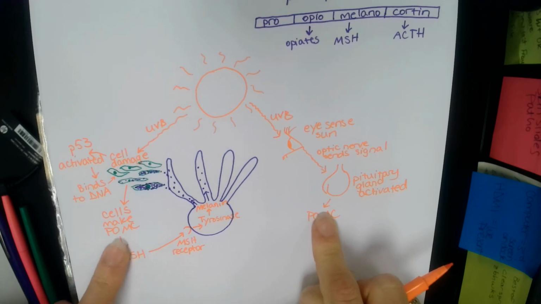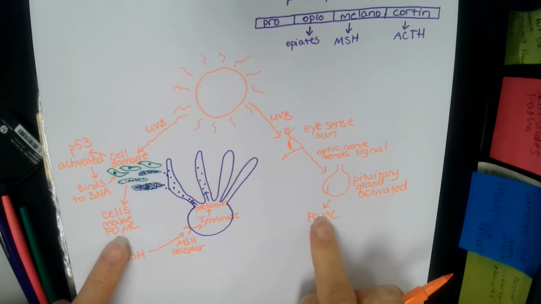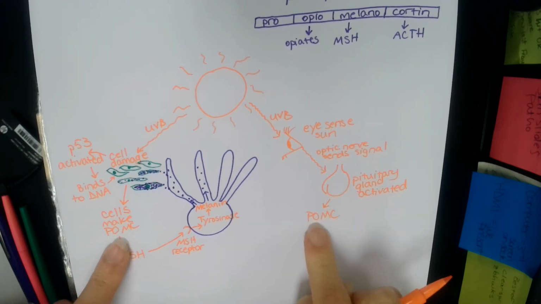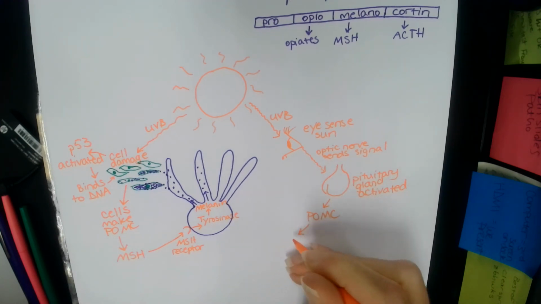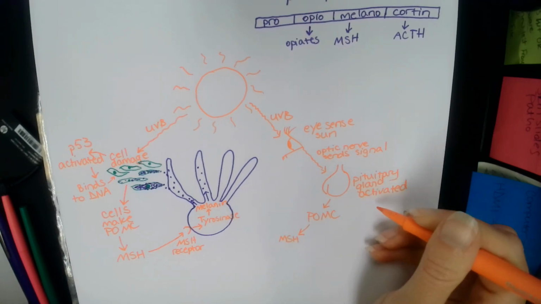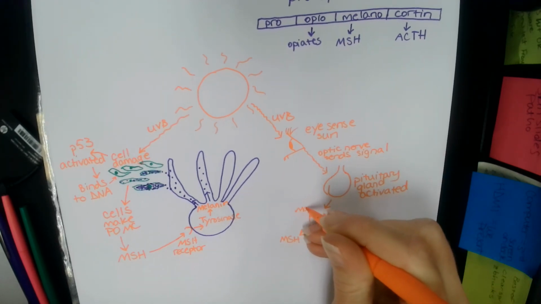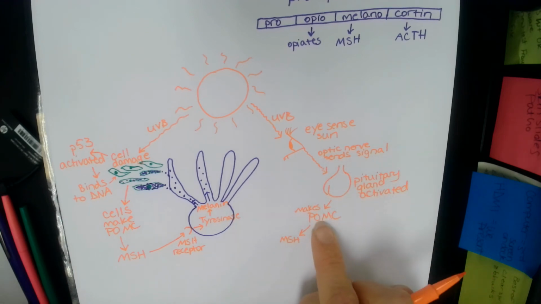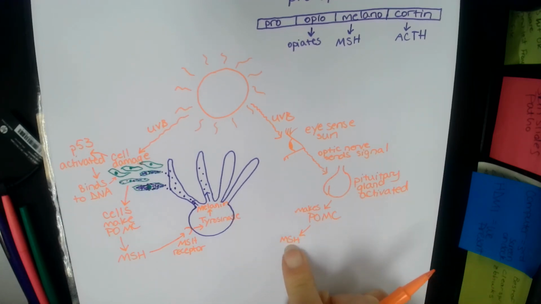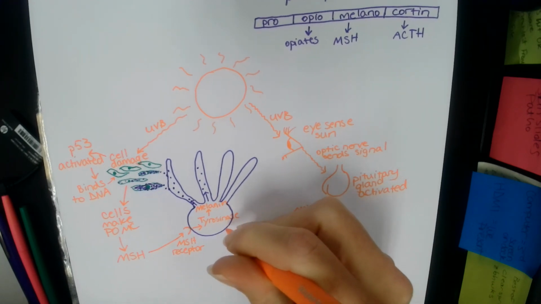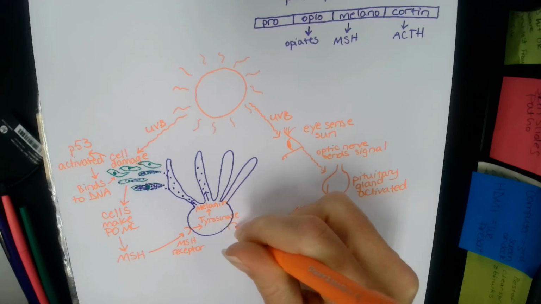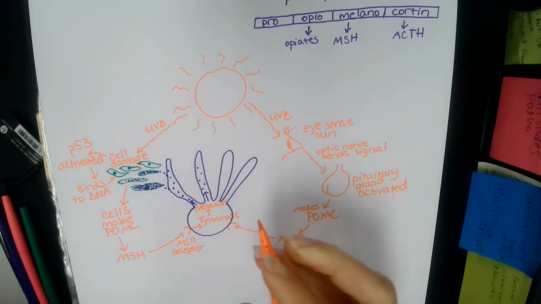Well, at exactly what happened over here, the pro-opiomelanocortin is going to get cleaved into many things. The one that we're going to focus on is the melanocyte stimulating hormone. The pituitary gland is activated and it makes pro-opiomelanocortin. And the MSH is cleaved off and it becomes an active hormone that goes and binds to the MSH receptor on melanocytes.